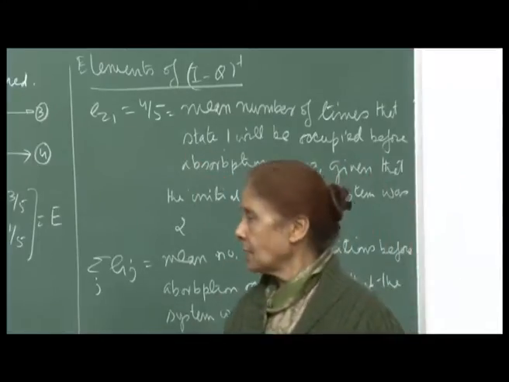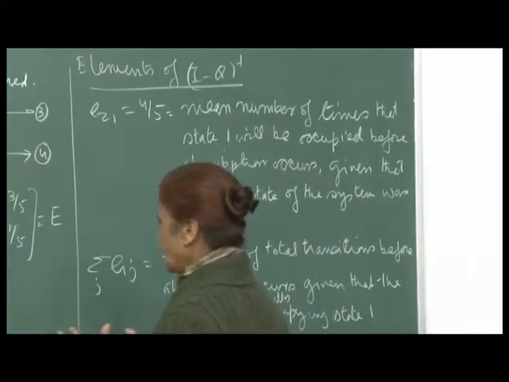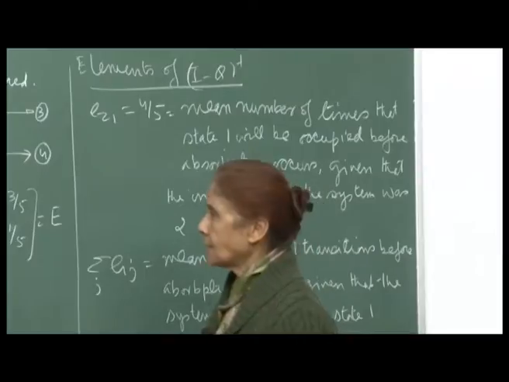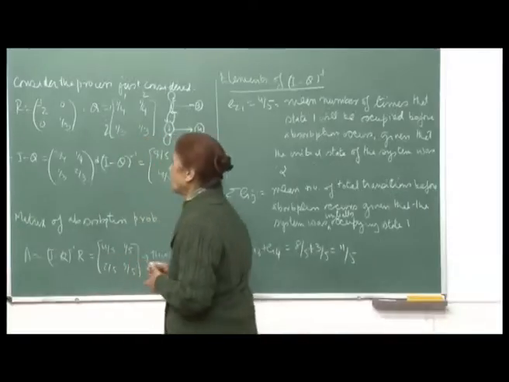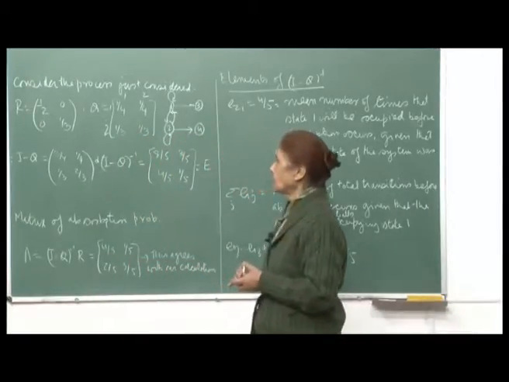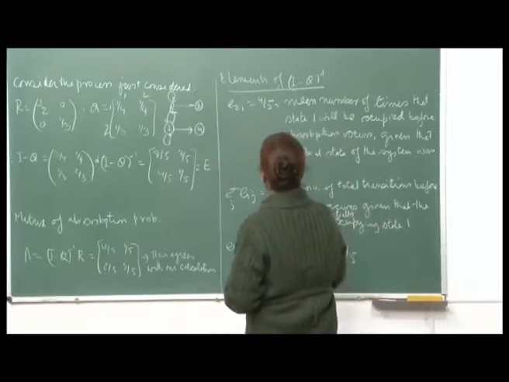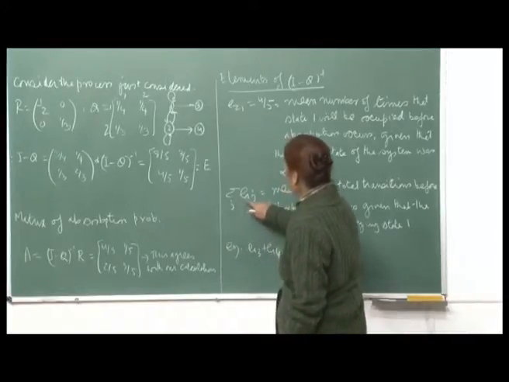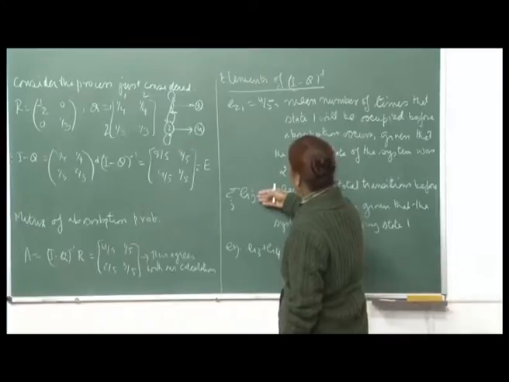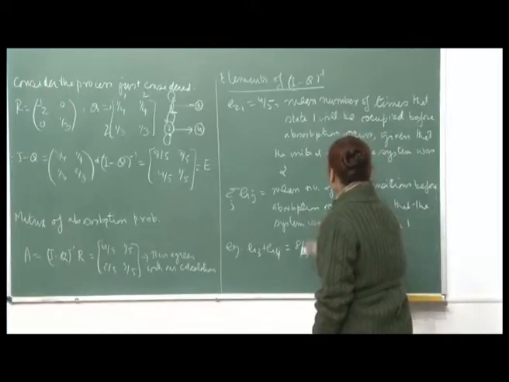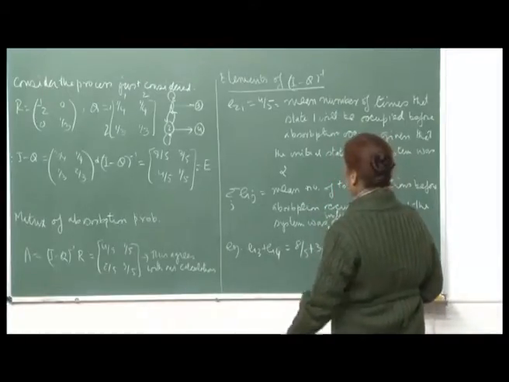So, now it will be interesting, you can just take up any physical process that can be modeled as this reducible Markov chain, which has only transient states and absorbing states, and then you can try to give meaning to these numbers, right. And then if you add up now, for example, E_1j, this is the mean number of total transitions before absorption occurs, given that the system was initially occupying state 1.